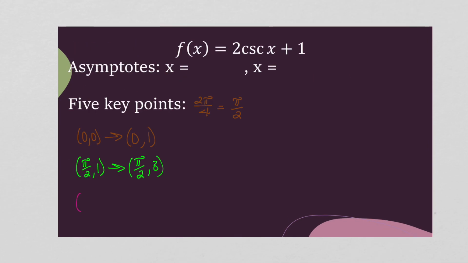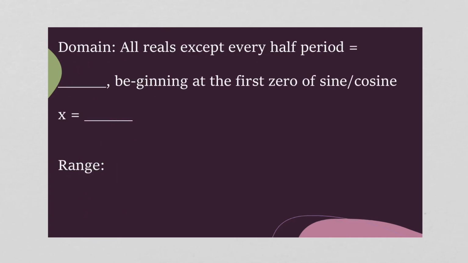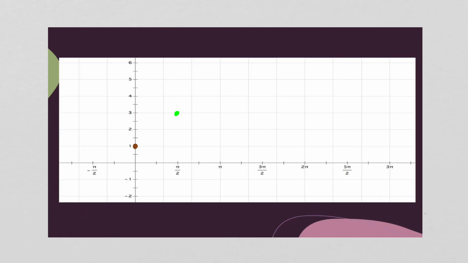Our third point would normally be at pi, 0. It's going to be at pi, 1. Notice I'm going back to that y value. So pi, 1. There we go.